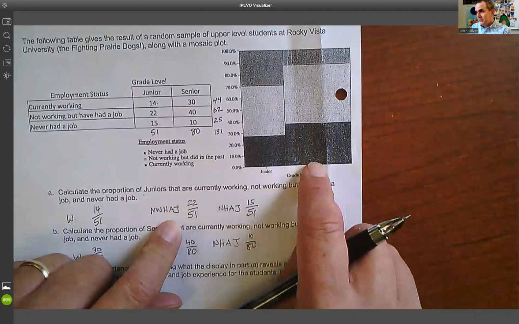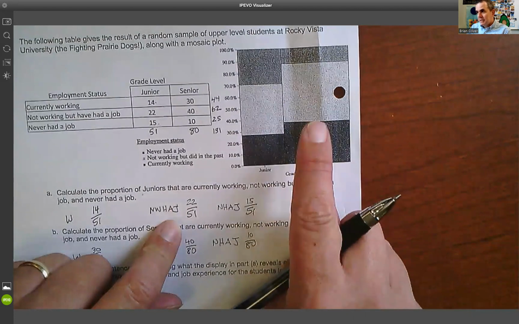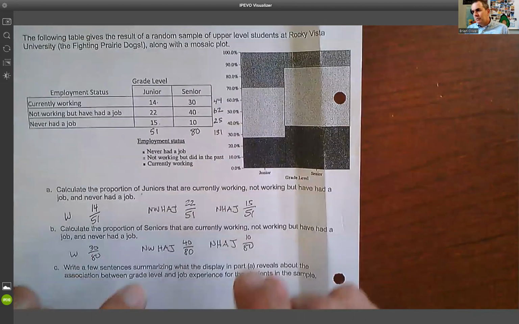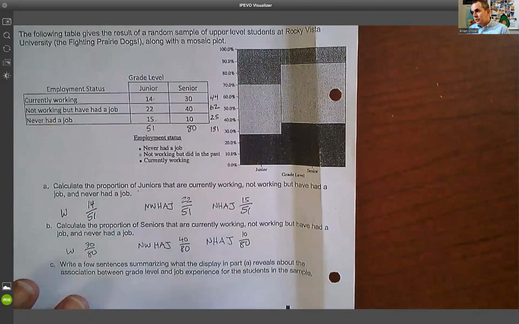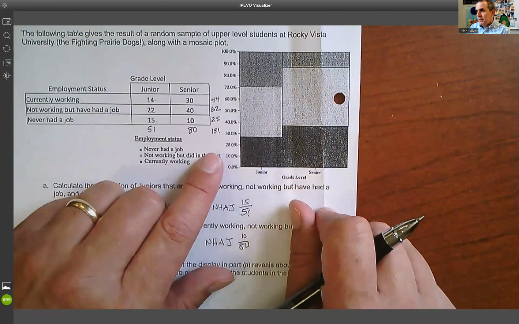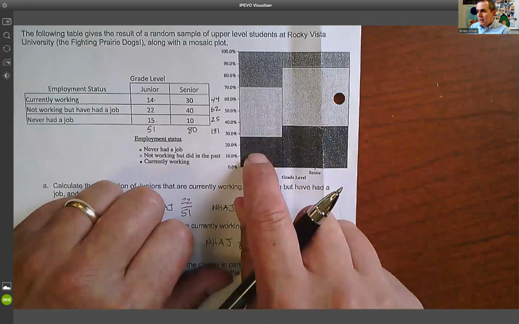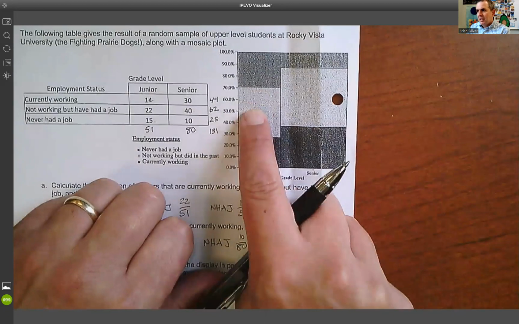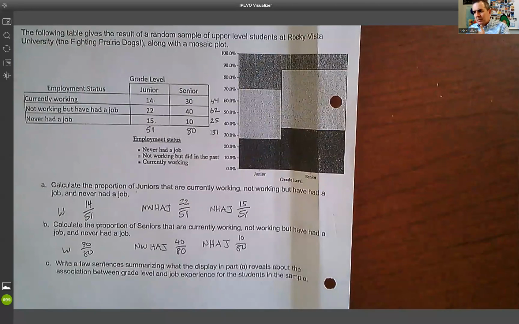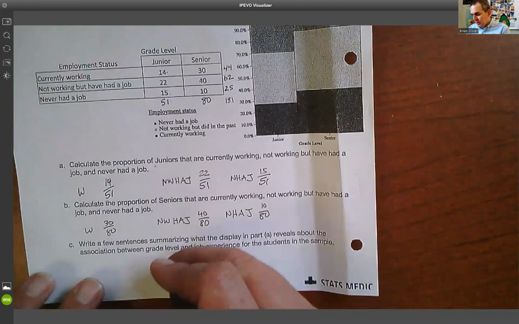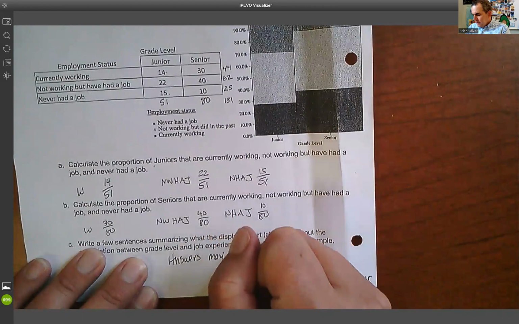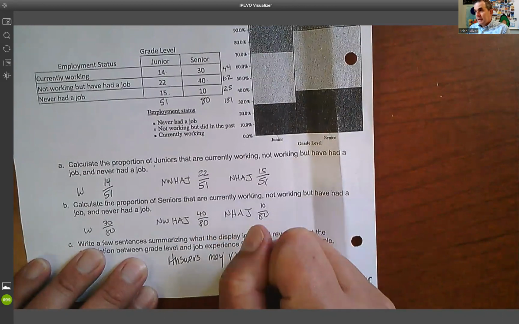These two are much bigger areas. There are more people in these two boxes than in this box. So if I randomly selected a student and you told me they were a junior, I could probably conclude that most likely they're not working but have had a job. So in terms of what you want to interpret here, there are a lot of right answers. Answers may vary.